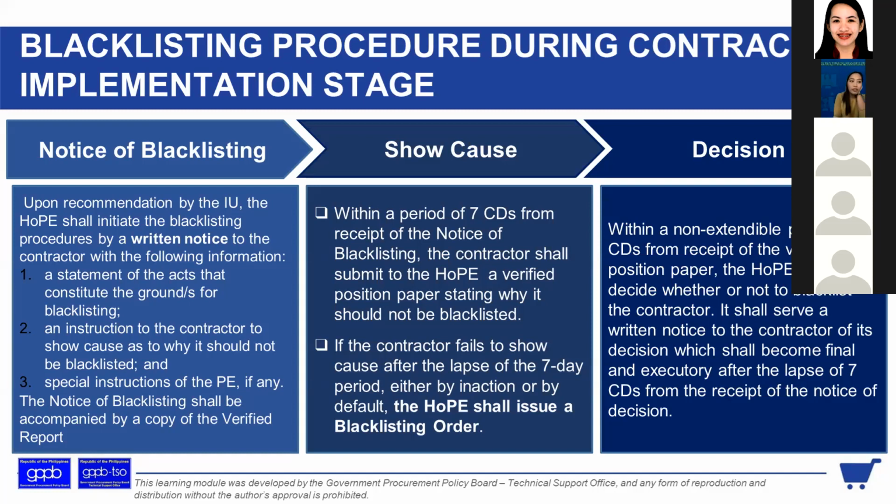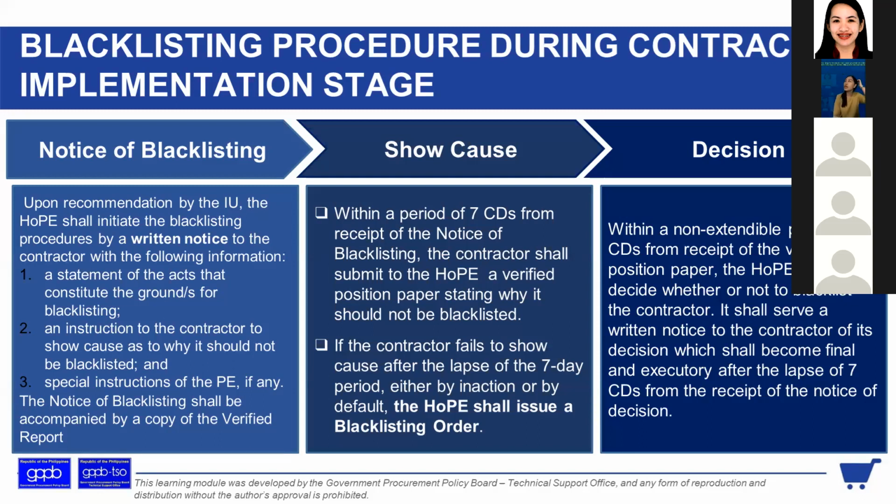Then, of course, the special instructions of the procuring entity, if any, like the special instructions earlier on barricades and signs that were not complied with. The notice of blacklisting shall be accompanied by the verified report. And who will make the verified report? The one who is monitoring the project, those assigned by the implementing unit through the HOPE.